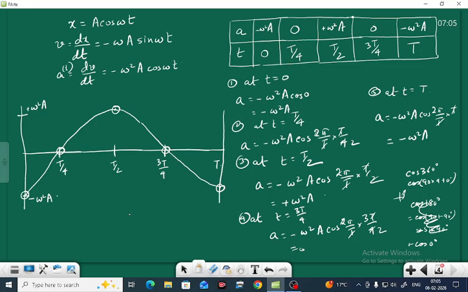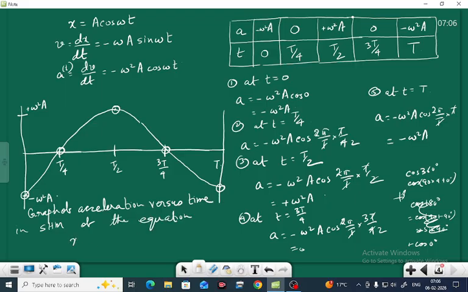So here we are finding the graph of acceleration versus time in SHM for the equation x is equal to a cos omega t, x dependent on time.